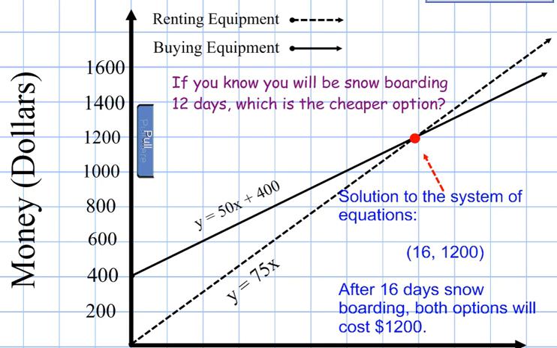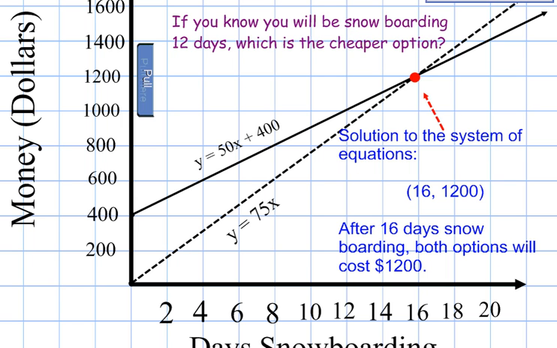So here's my question in purple. If you know that you're going to be snowboarding 12 days, which is the cheaper option? Well, here's 12 days right here. At 12 days, renting is cheaper than buying. So I would rent if I know I'm only going to go snowboarding 12 times.